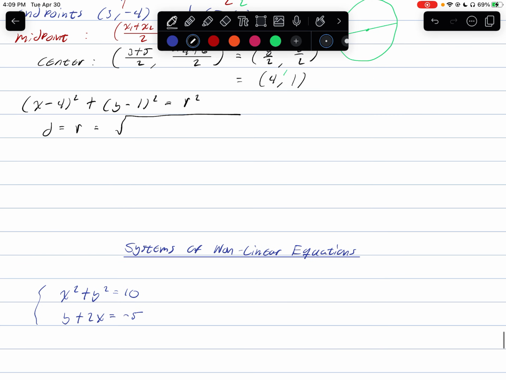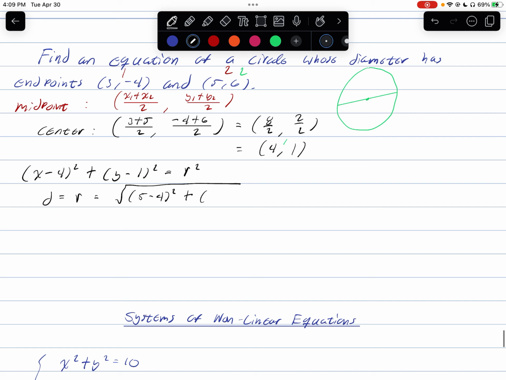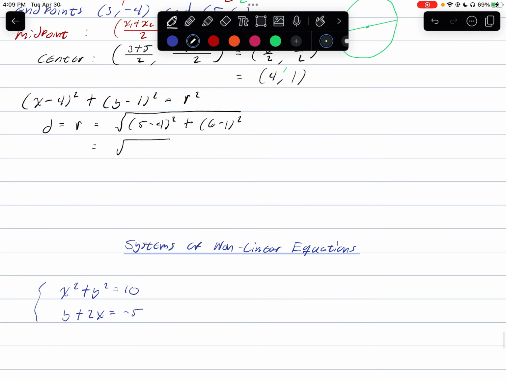So we'll have (5 - 4)² + (6 - 1)². That's going to give us the square root of 1² + 5², which is the square root of 1 plus 25, or the square root of 26.